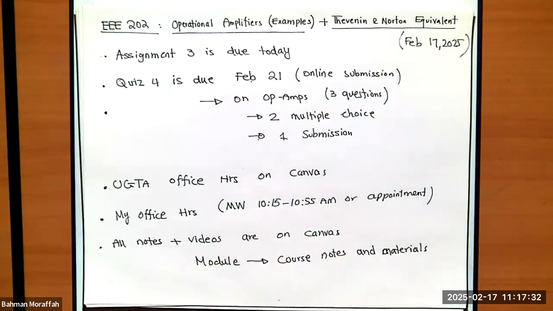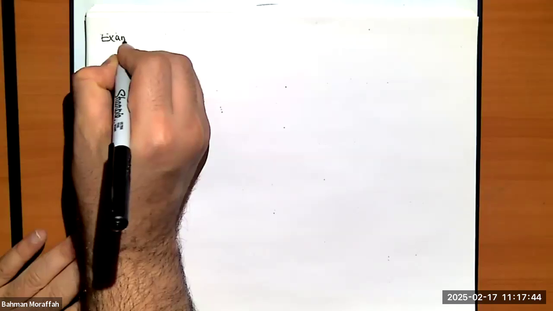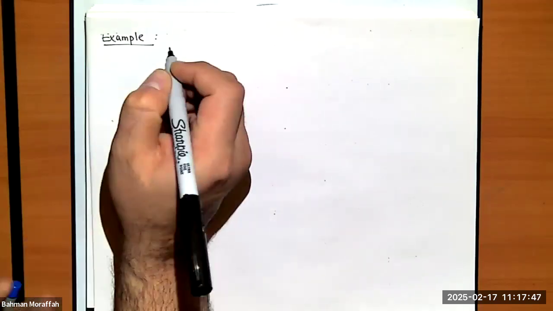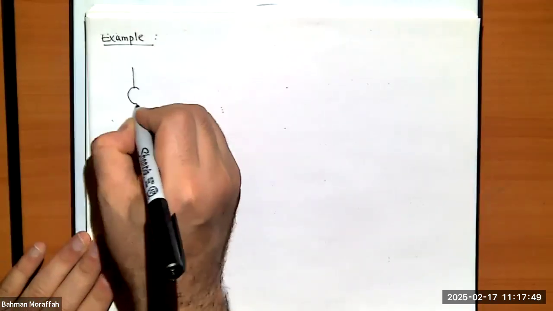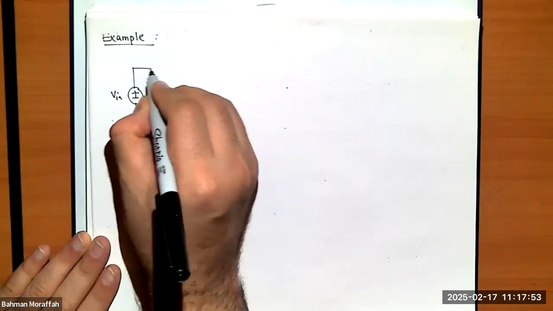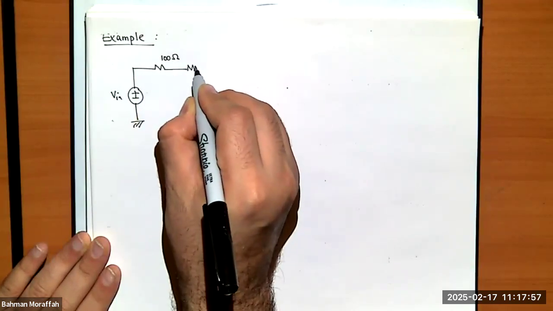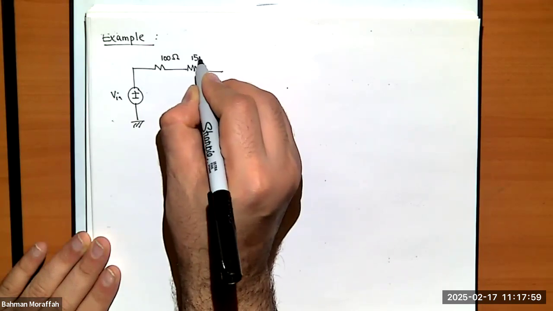So let's start off by just talking about a few more examples on op amps. Example. Let's just say I'm given this circuit. This is the input voltage that's connected to the ground, followed by two resistors, 100 ohms and 150 ohms.